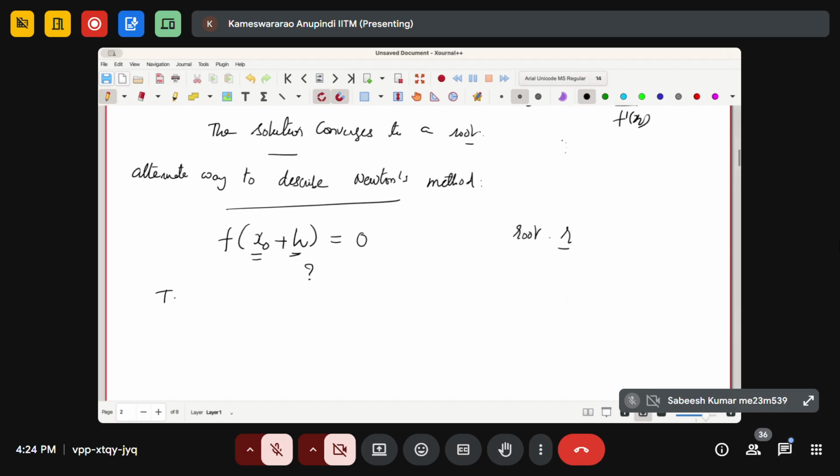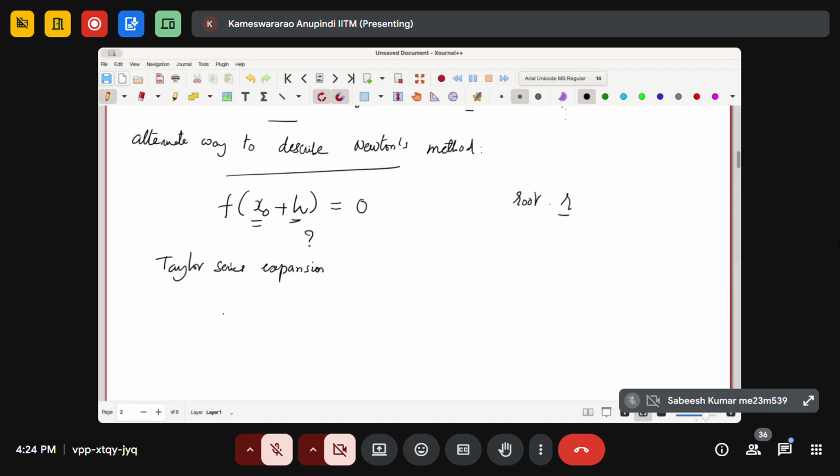Then we can use Taylor series expansion. Assuming that h is small enough, we can expand f of x naught plus h equal to f of x naught plus h times f prime x naught plus h square by 2 factorial times f double prime x naught, plus h cube by 3 factorial, f triple prime x naught, and so on.